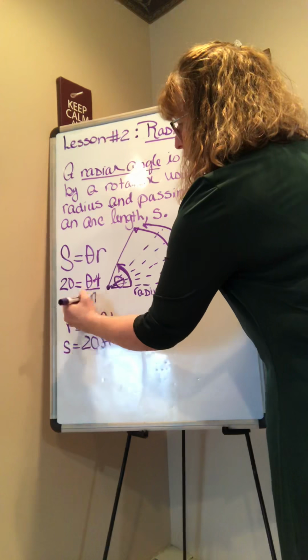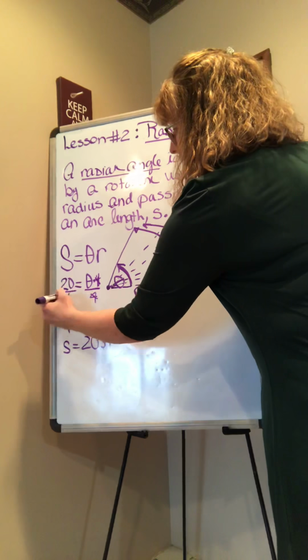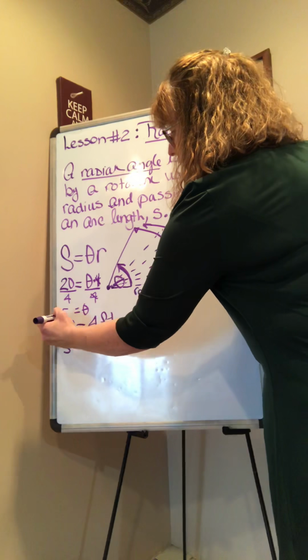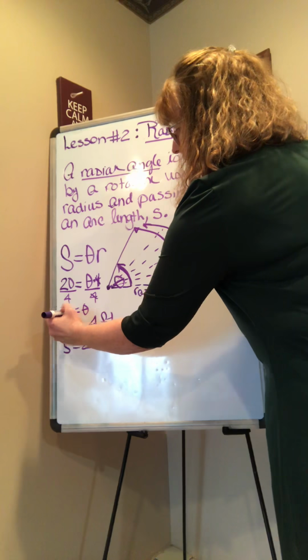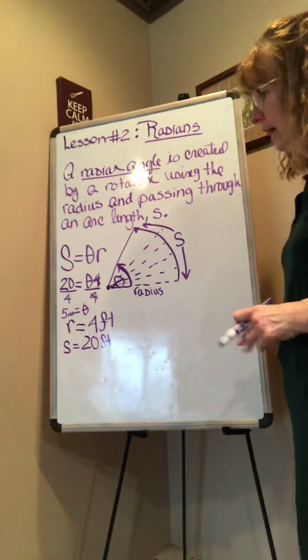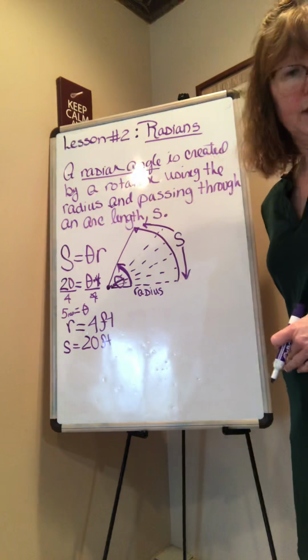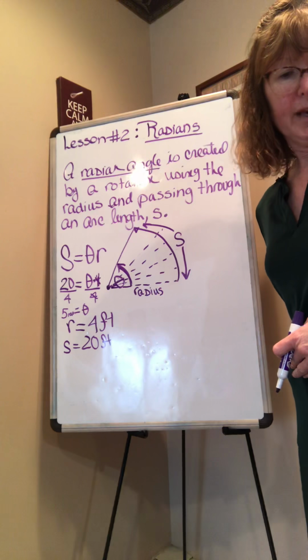If I divide by 4, my angle is 5 radians. Okay, so I got an angle of 5 radians. Might seem a little strange, but this is what we're going to be using right now.